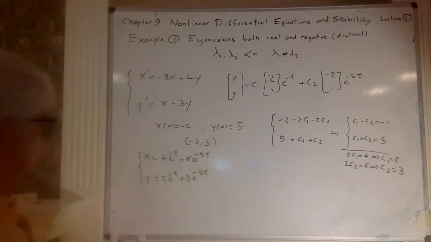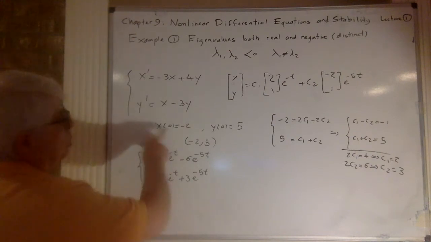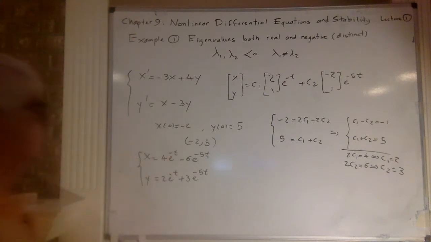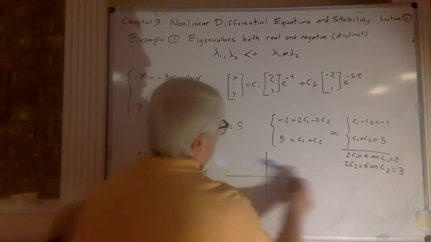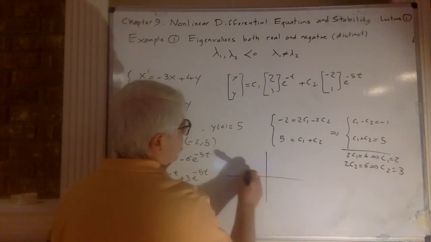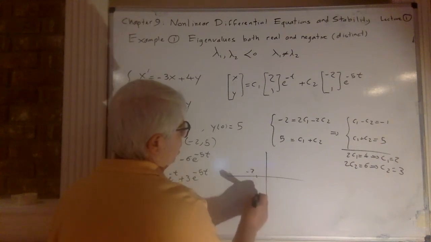Okay, so I have said it and I say it again, this is like parametric equations for a particle that is moving in a plane, and it starts at this point. At time 0, it is at the point minus 2, 5. So it starts here, at minus 2, and 5 will be somewhere here.